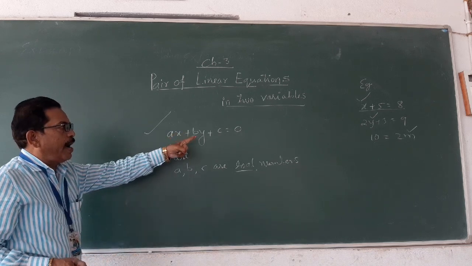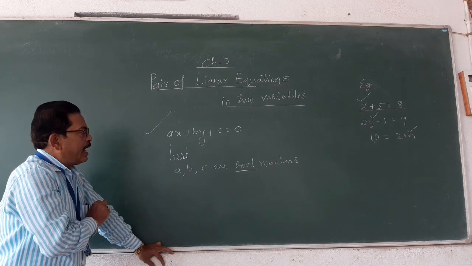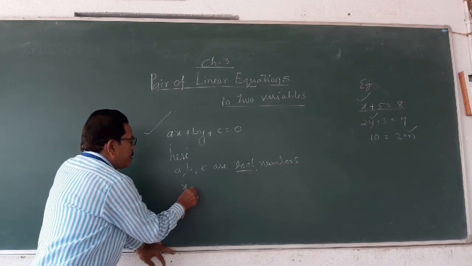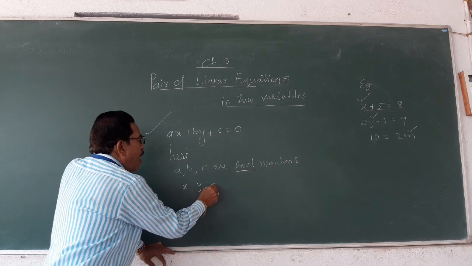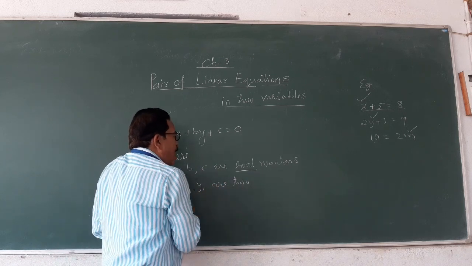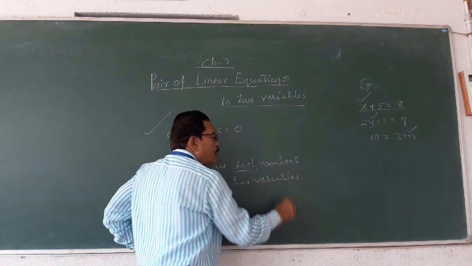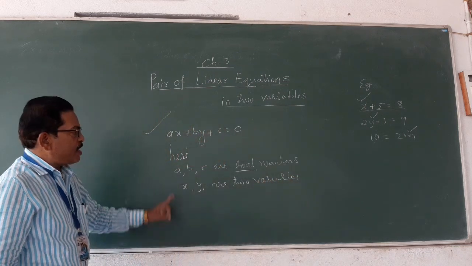ax plus by plus c equals to 0. Here a, b, c are real numbers, and x and y are the two variables, both in the first degree.